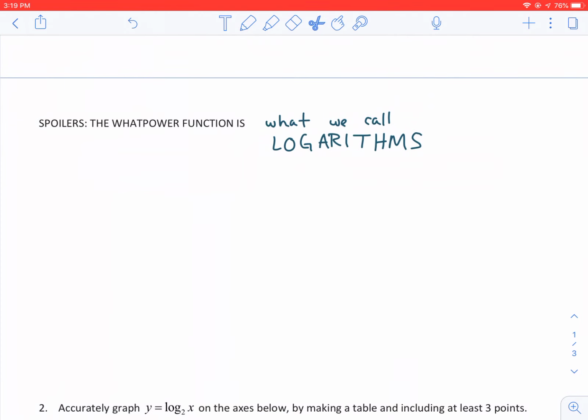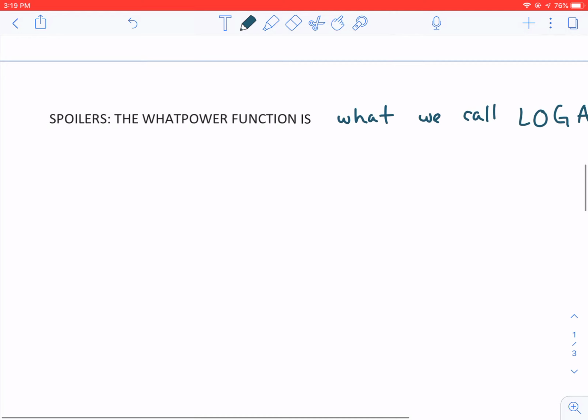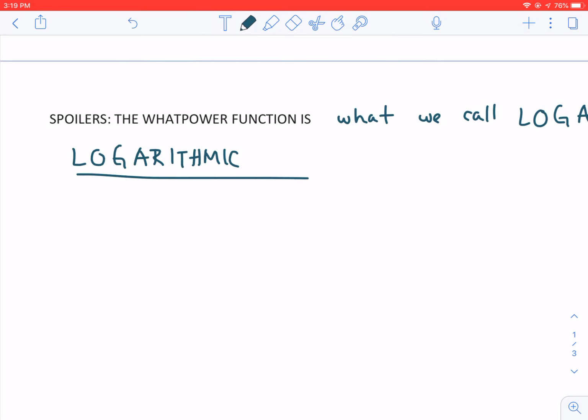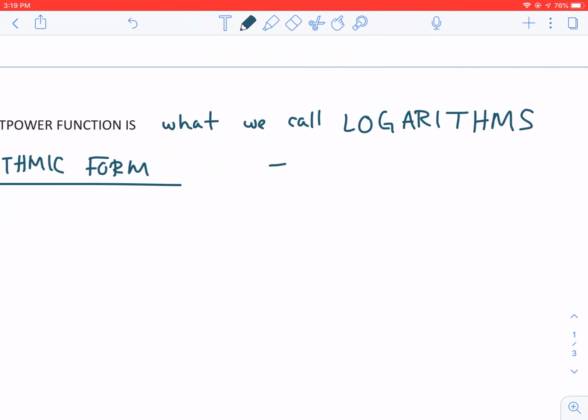But pretty much what we should be able to do with logarithms right now is to go from logarithmic form to exponential form.